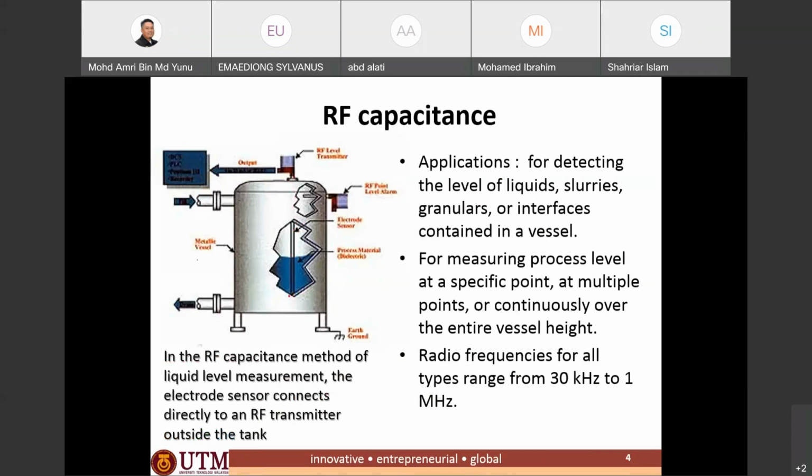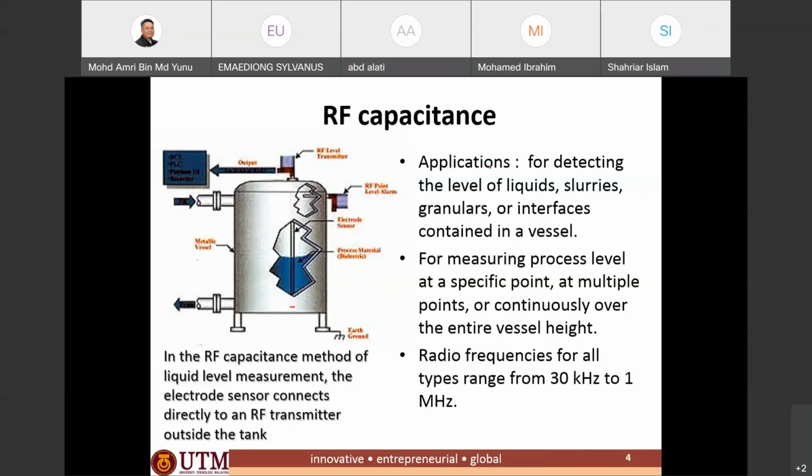The electrode is placed from the top to the lowest point inside the vessel, and then the output of the capacitance is transmitted as a radio frequency signal.